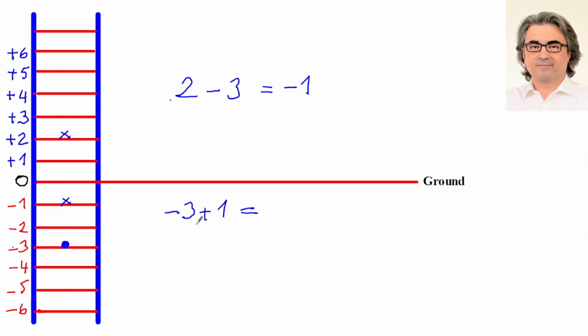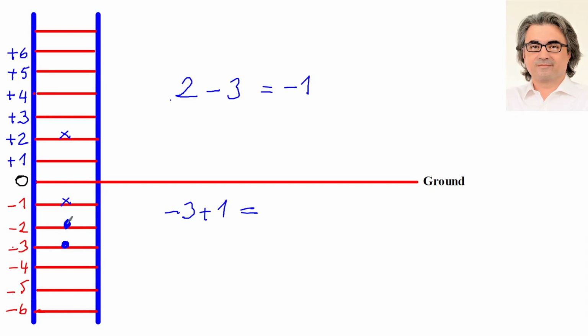After minus 3, the next number is plus 1. What does it mean? I have to go up 1 step from where I am. 1 step, go up. You will reach here. So after plus 1, there is no number in the operation.